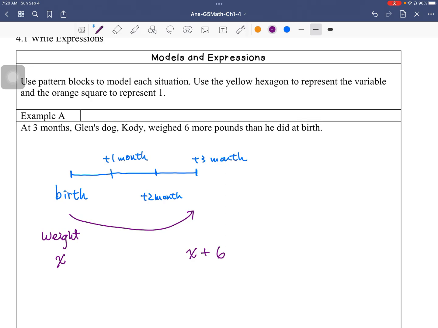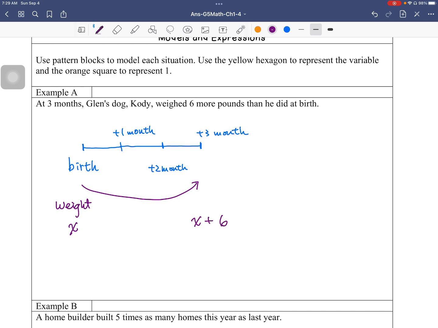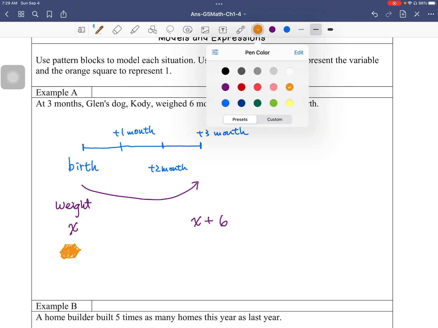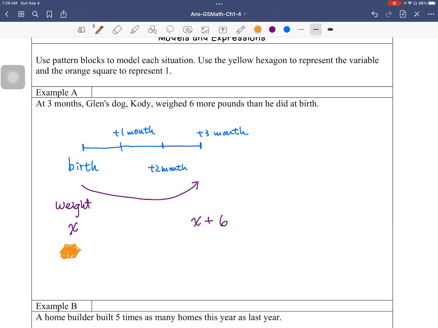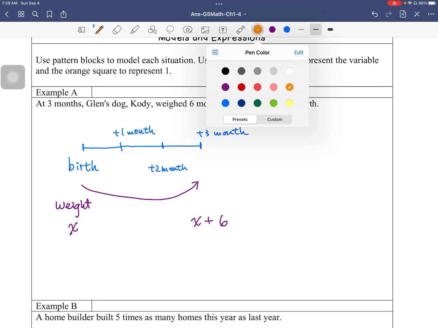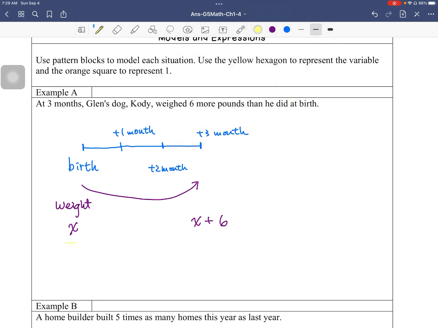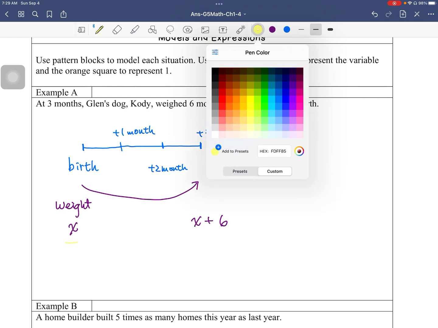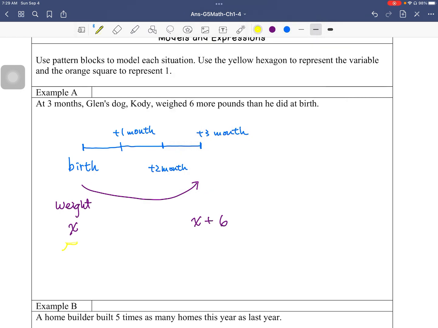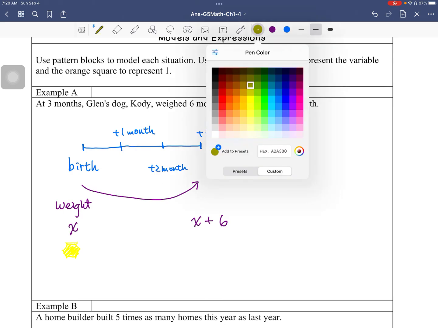Okay, so if we want to use pattern blocks to represent the situation, this is the variable, and then okay, I got to change it into yellow. This is really bright. This is still really bright.